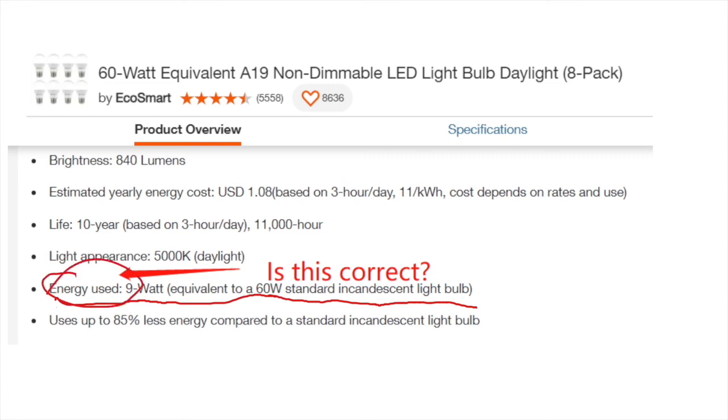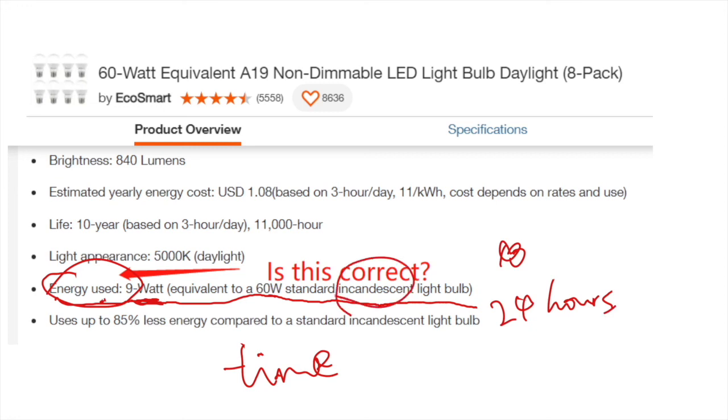You cannot say that the energy used is 9 watt, because this is a power, not energy. 9 watt is power, not energy. For energy you need to take time into consideration. For example, even though I have the LED, I use it maybe 24 hours per day, but for the incandescent light bulb, I use 1 minute per day.